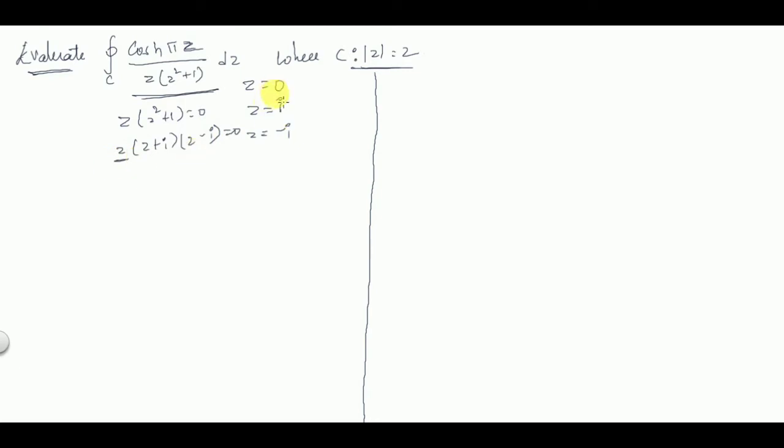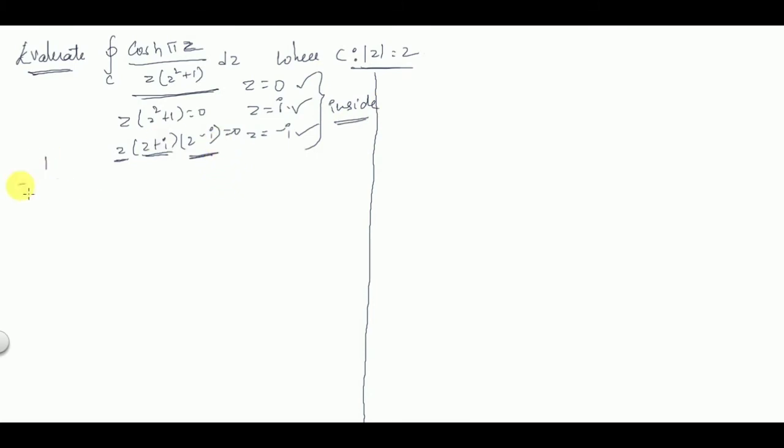So z equal to 0 is the first singularity. z plus i equal to 0 is the second singularity. z minus i equal to 0, so z equal to i is the singularity. And if you observe, all three will lie inside only. If you want you can check also, all three will lie inside the closed contour.